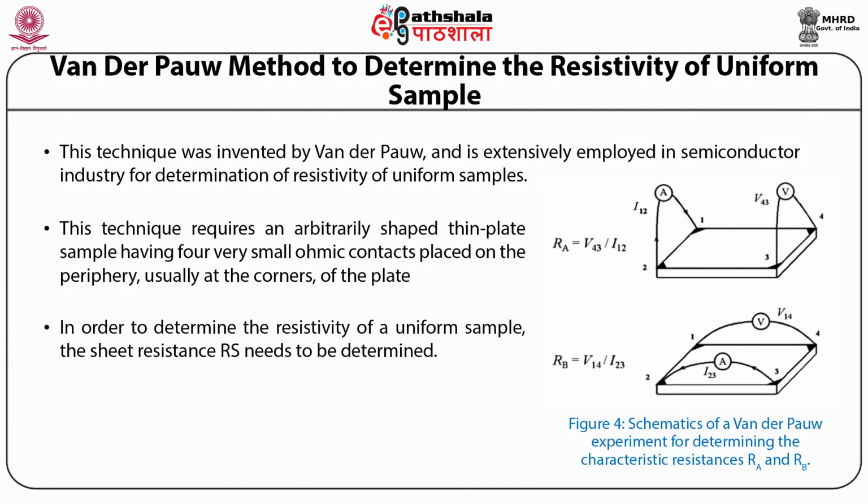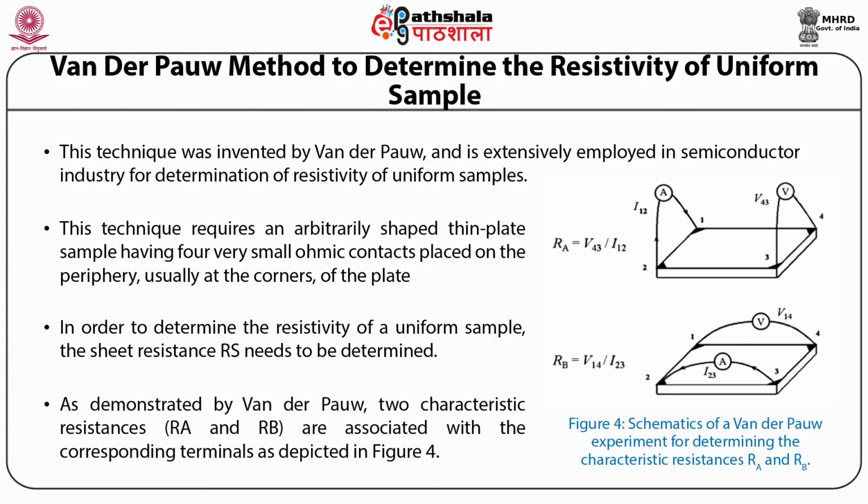To determine the resistivity of a uniform sample, the sheet resistance Rs needs to be determined. As demonstrated by van der Pauw, two characteristic resistances Ra and Rb are associated with the corresponding terminals, which are shown in the figure.